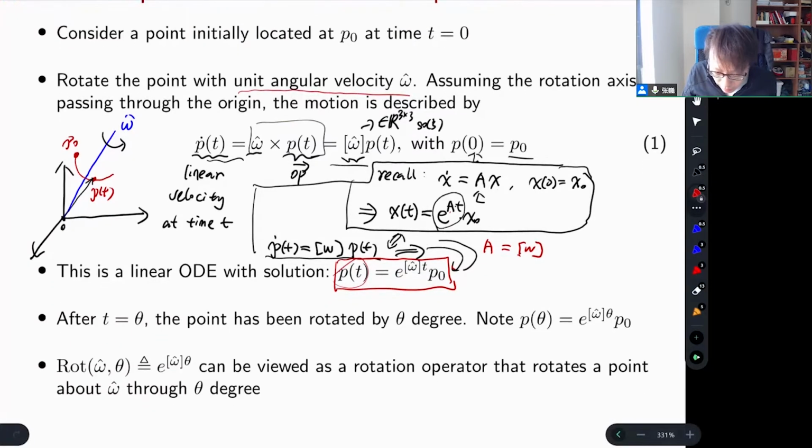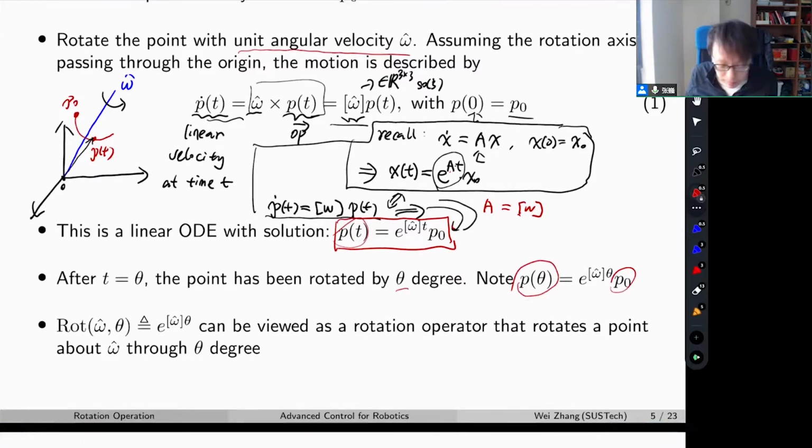So at time t equal to theta, let's say 2 seconds or 3 seconds, the point has been rotated by theta degrees, because it's a unit vector. If I rotate P0 about this omega hat axis by theta degrees, I will have an expression for P of theta equal to that. Any questions?